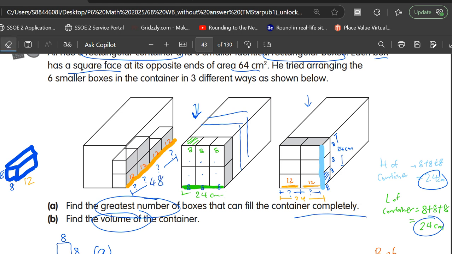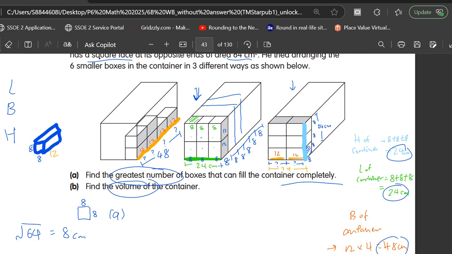Now the important part is here. How is the box standing? The box is standing. This is 8. 12 is here. So, how many layers of 8? Correct, 6. So actually 6 layers.